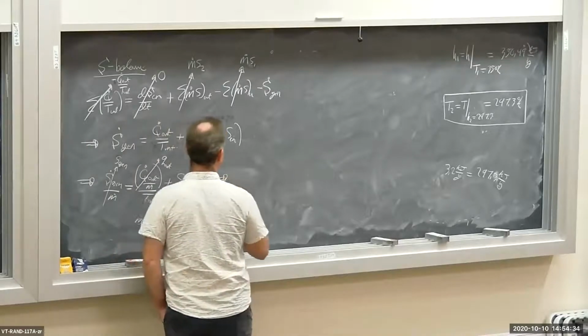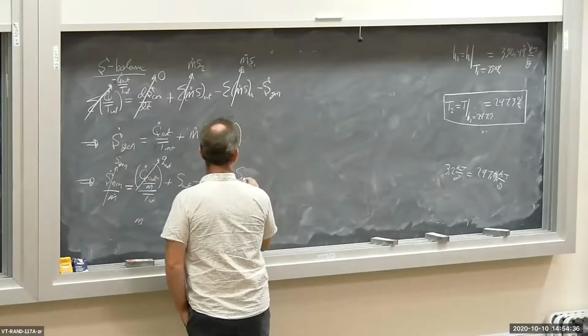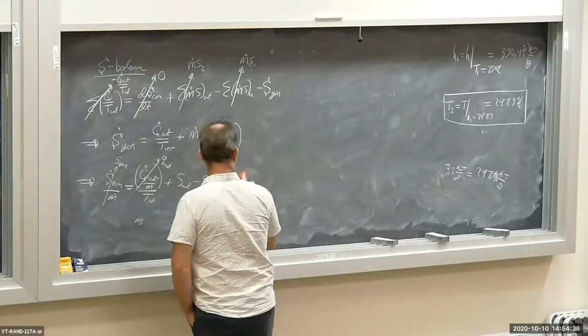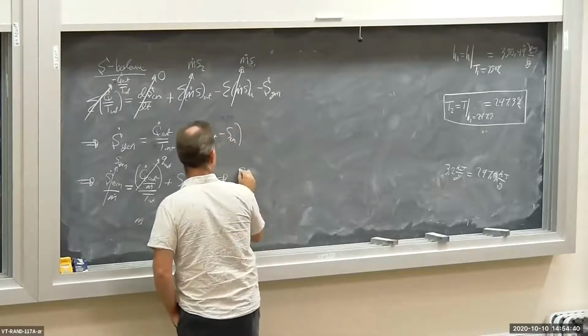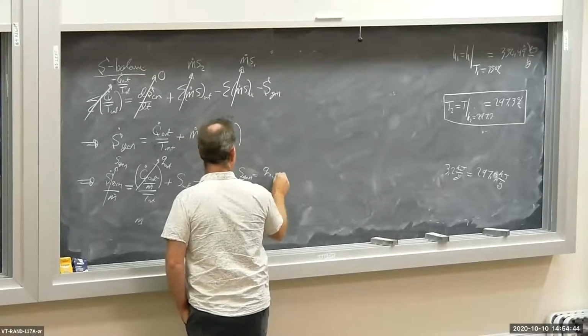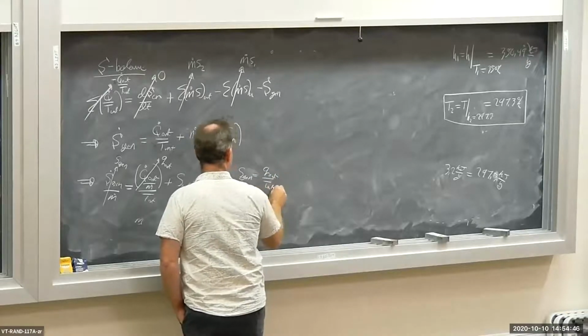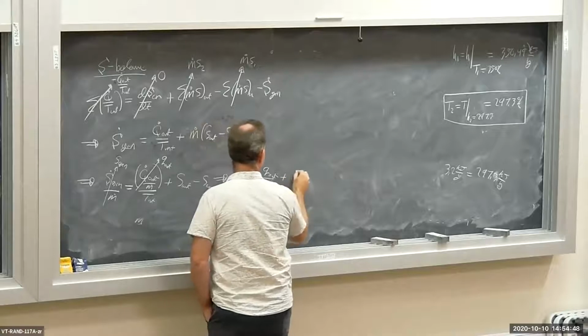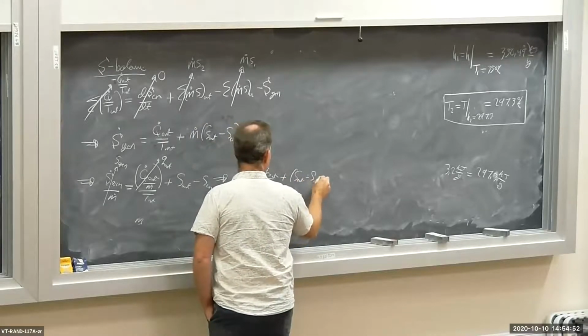So I get lowercase s gen is equal to Q out over the interaction temperature plus S out minus S in.